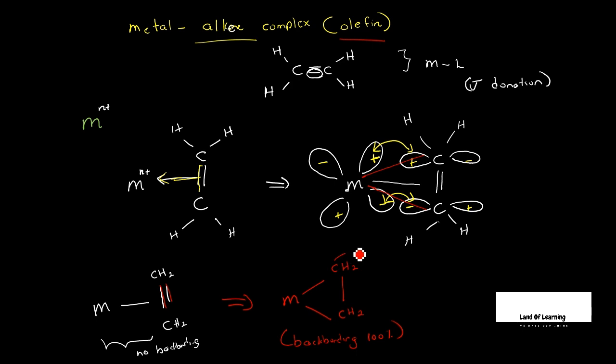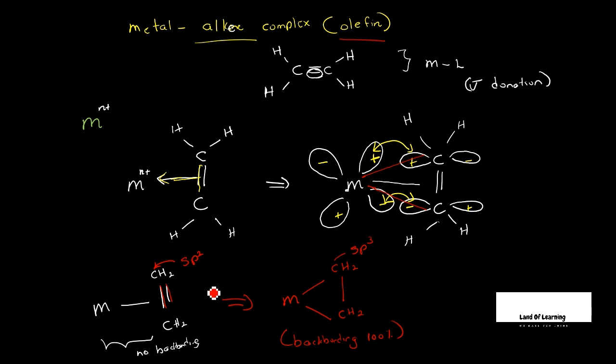So this carbon is now sp3, while this carbon in here is sp2. What will happen to the bond length between the two carbons? When the back bonding is at its maximum, the carbons are sp3, which results in the length between the two carbons increasing. When no back bonding is happening, double bond character will be there between the two carbons, or we can say the carbon is sp2 hybridized, so the bond length is decreased.